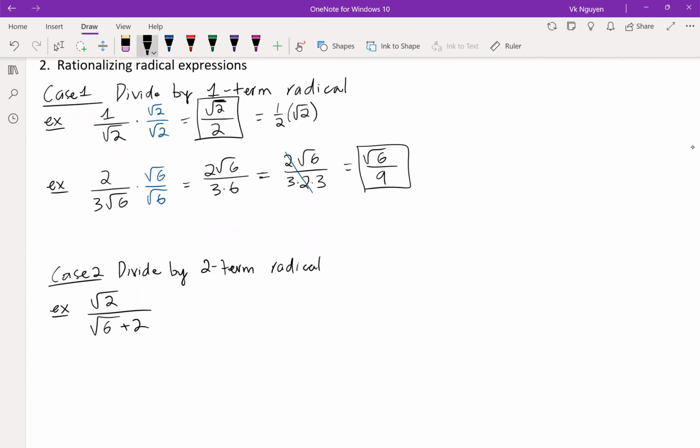I'm going to multiply this by root 6 minus 2, root 6 minus 2. We call this the conjugate.